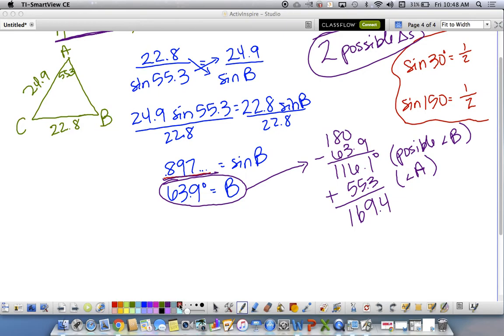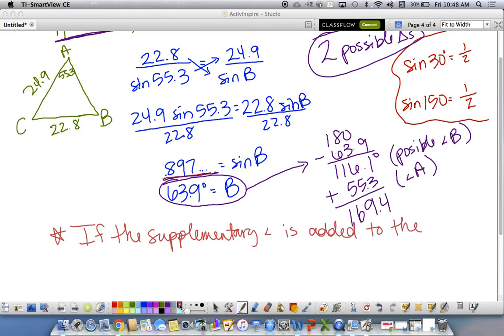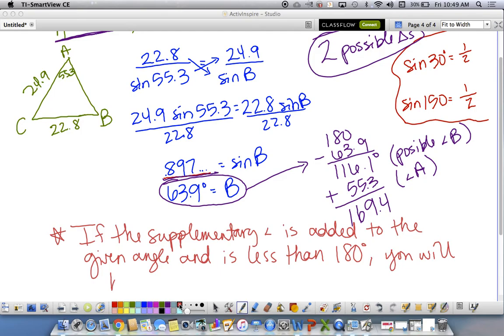If your supplementary angle is added to the given angle and is less than 180 degrees, you will have two triangles. So you're going to have two answers, okay?